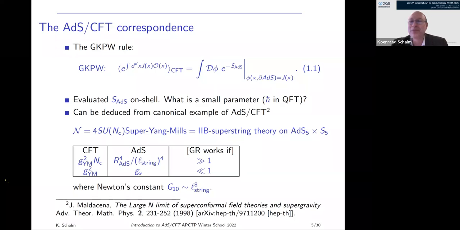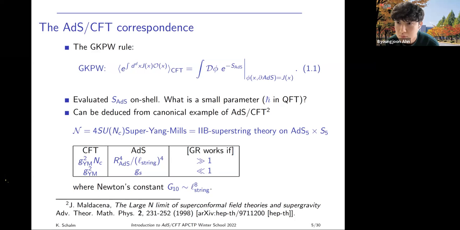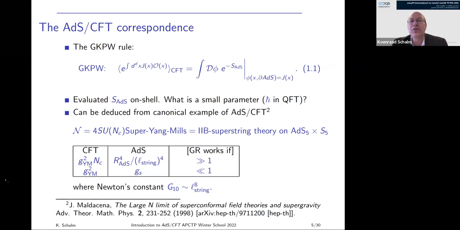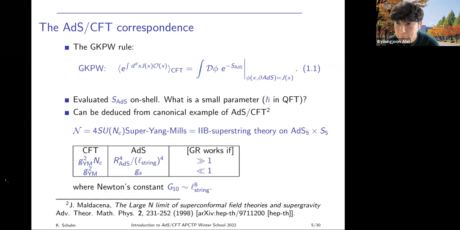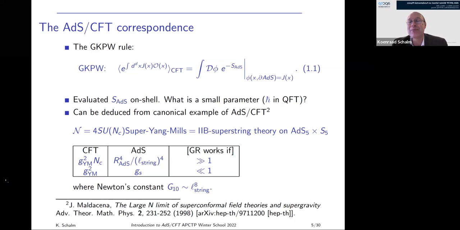Yeah, then it becomes a little bit more difficult. I actually wouldn't know the answer off the top of my head. But the identification of A as the source and B as the response just follows from the GKPW description, right? And there are other modifications. For instance, if you do so-called double trace deformations on the CFT, this identification of A as the source and B as the response also becomes somewhat tilted.